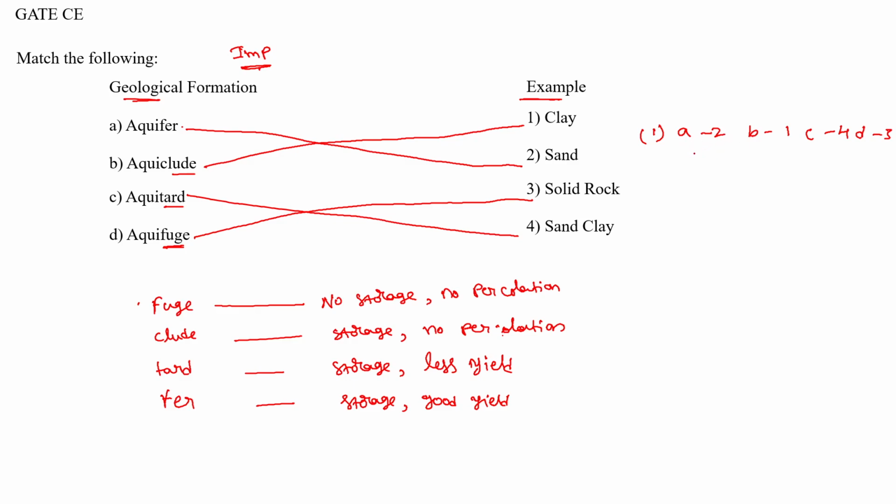In this case you can go with the elimination method. Fuge is easy to remember. Fuge means nothing, like in electrical terms, a fuse: no storage, no percolation. And aquifer is easy to remember. If you know these two terms, by the elimination process you can reach a good answer. I hope it will help. Just try, because I never tried it that way.